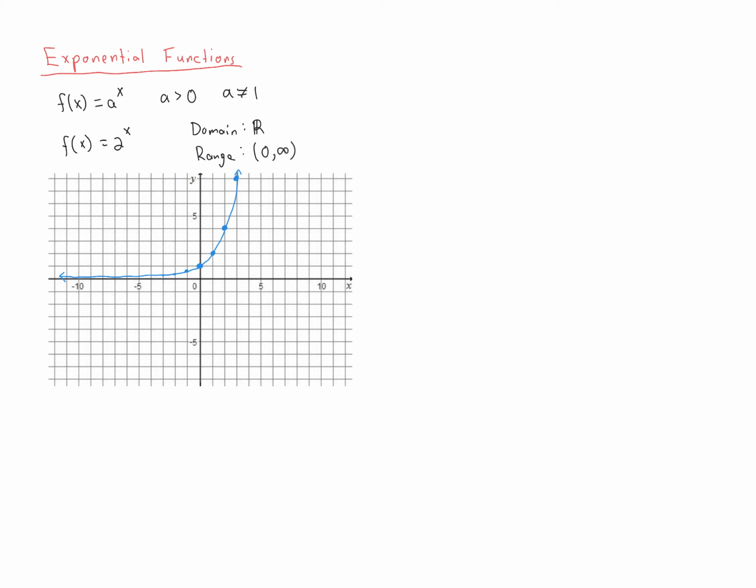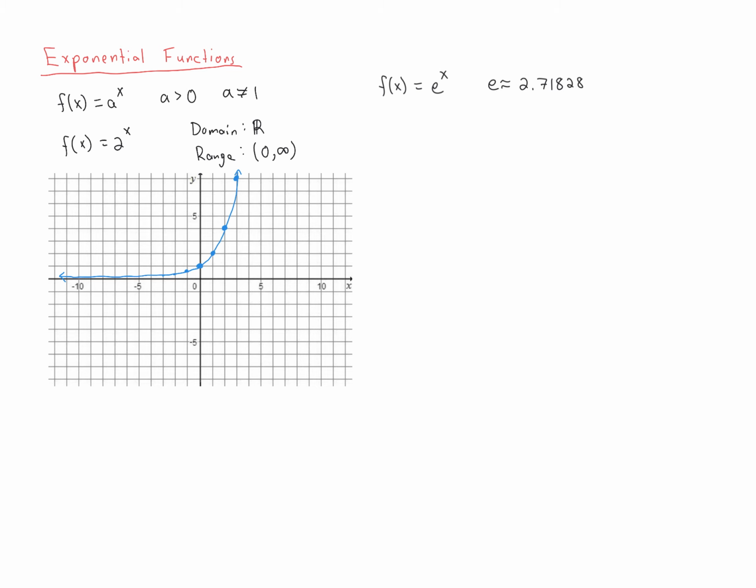Now, this is just one exponential function. There are all sorts of exponential functions. There's lots of things we could pick for our base. There are some that are particularly common. One of those is e to the x, where e is a constant approximately 2.71828, and it goes on and on.